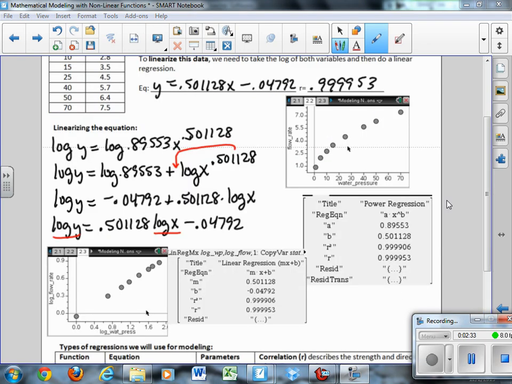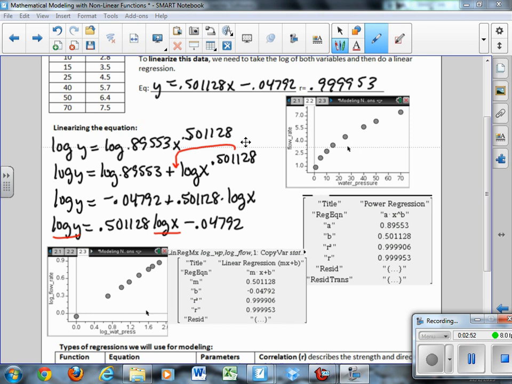And to save time, I'm going to go ahead and show you the results of what we're doing here. If I take the log of both sides of this equation, of my power function, I'd have log y equals log of 0.89553 times x to the 0.501128.